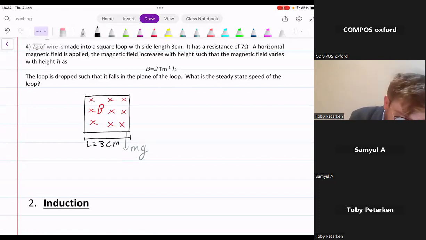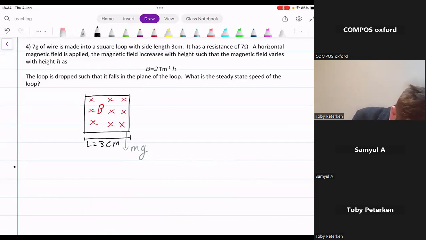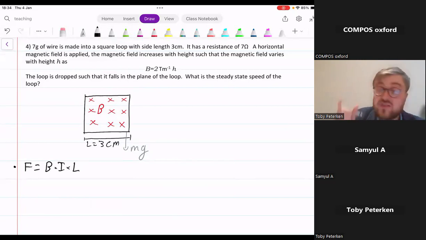So, the force on a current carrying wire is equal to the magnetic field strength times the current times the length of the wire. Now, as the current loops around this square, the force from the top is going to be different from the force on the bottom.